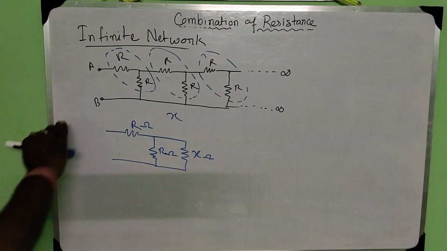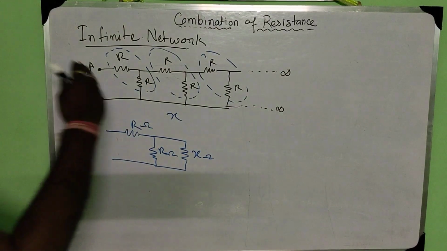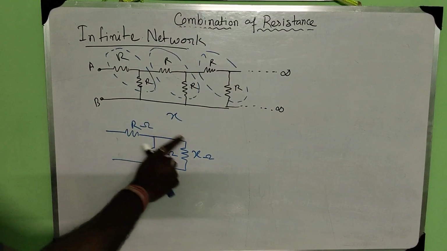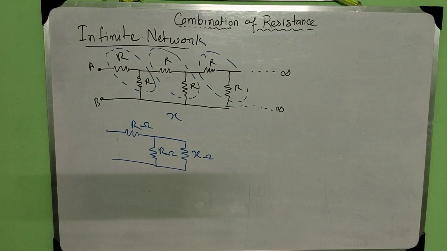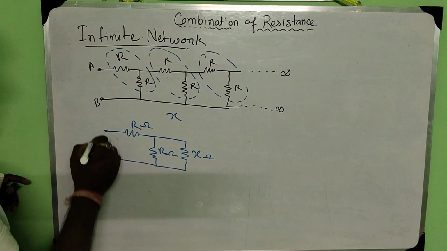So we have considered the total equivalent resistance of the circuit as x. Now as it is repeating, we leave one repeating unit and take all the other resistances, and the equivalent resistance is x. So this becomes very much simple.